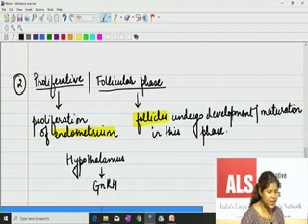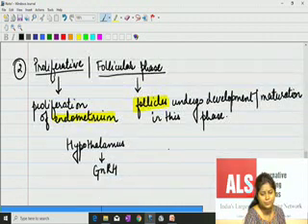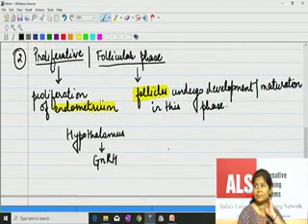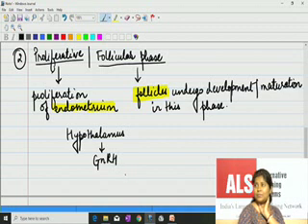Very good. Nice. Target of GnRH? Where is GnRH going to act?